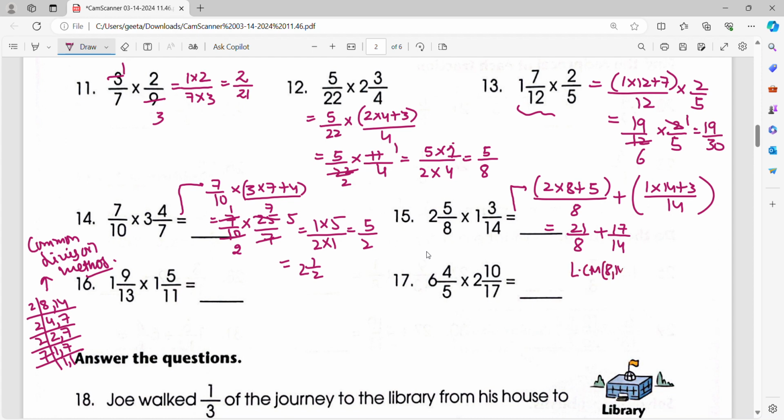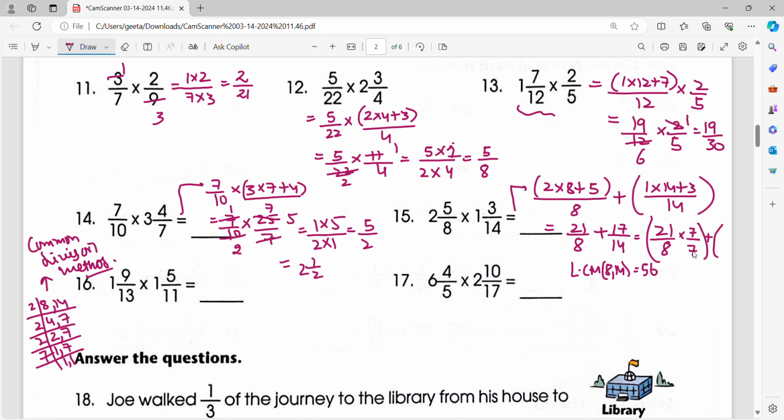Okay, now the LCM of 8 and 14 is 56. Now you have to convert these two denominators, which are 8 and 14, to 56. Can you tell me by what number I'll multiply 8 so that it becomes 56? 7. 8 7 the 56.